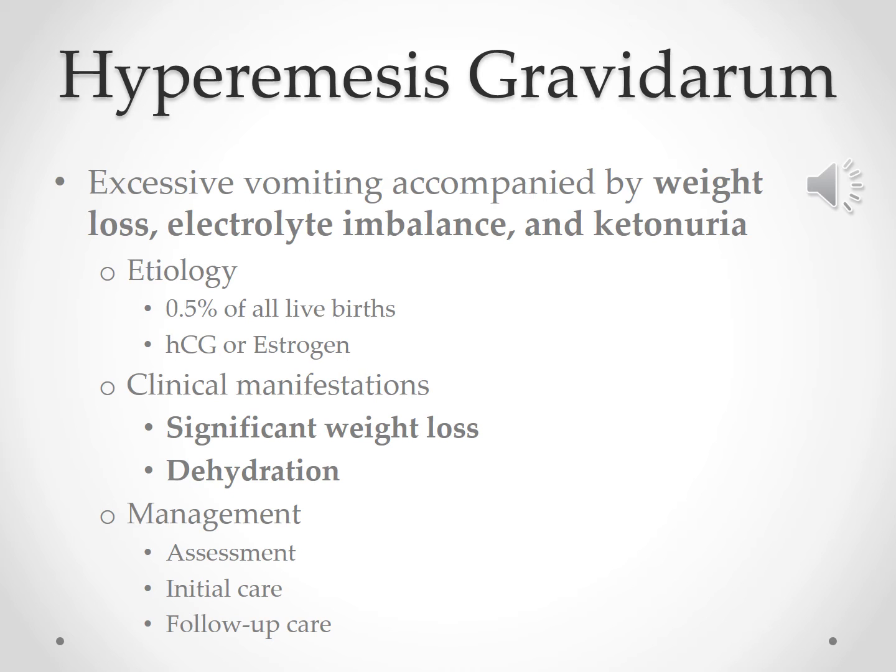So clear liquids to begin with for the first day. The second day you'll progress to full liquids. If she can tolerate full liquids for 24 hours, then you'll progress to a soft bland diet, and after a couple, 3 days of just a soft bland diet, you will transition into a regular diet.